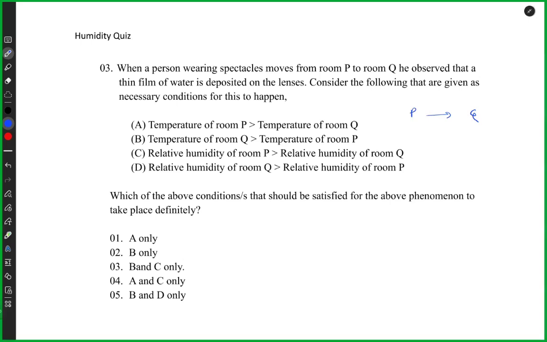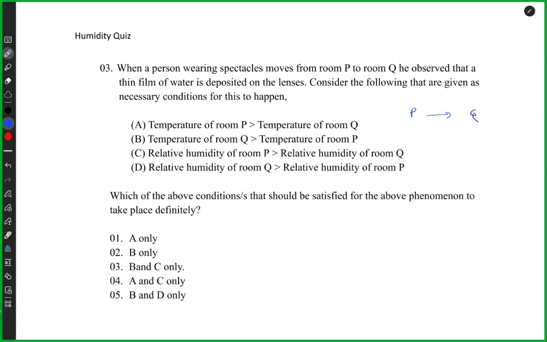But you see, the spectacles have a low temperature because you're going from a cold room to a warmer room. So the cold spectacles might have a lower temperature than the dew point of what? The warmer room, the hotter room, or the room with the higher temperature.